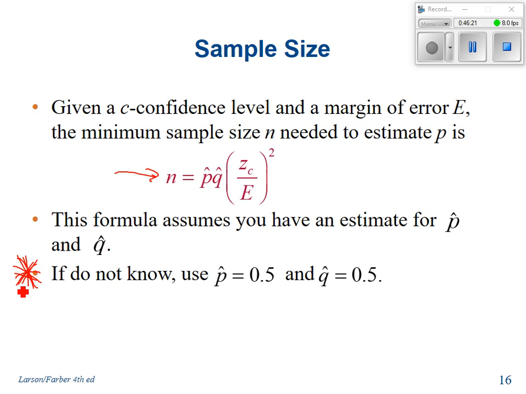So if we don't know what P hat and Q hat are, we just assume that they're 50% each, 0.5 each. So if you don't know P hat and Q hat, and you're trying to find how many people you need to go out and put in your sample, or how many whatever you need to put in your sample, use 0.5 for both P hat and Q hat.